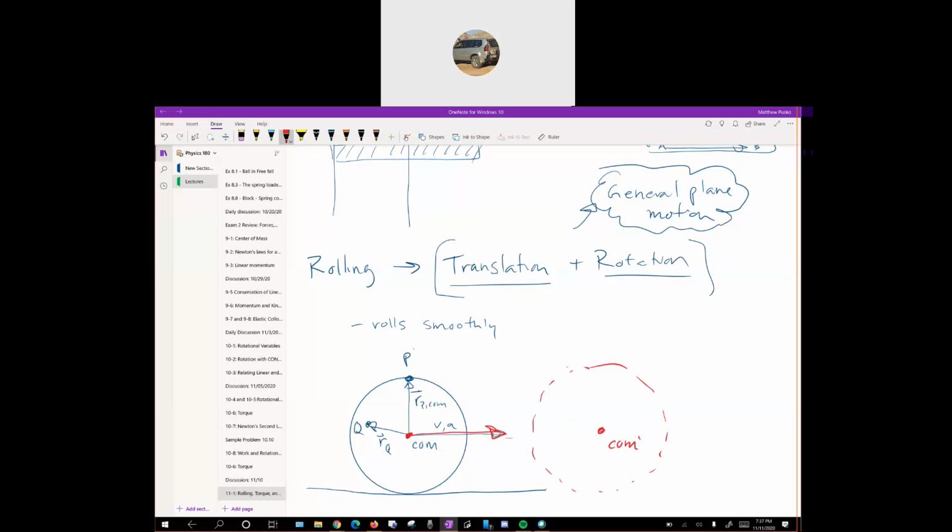But this point P had to have moved and rolled over. Basically, we can't describe what happens at this point P to get it down here to P prime as just rotation. We can't describe it with just translation. We have to describe it with both. And so that's what we're going to do.